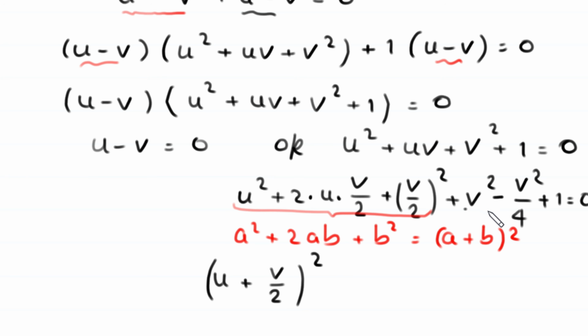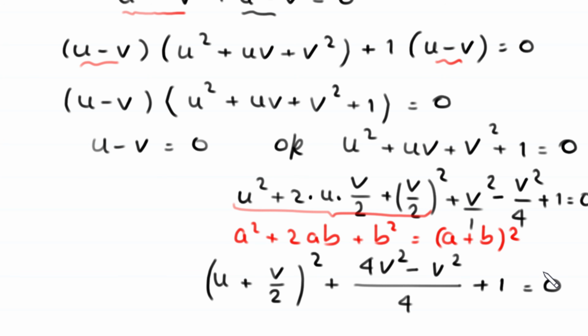We can write the denominator of this v squared as 1 and take the LCM of 1 and 4. LCM of 1 and 4 is 4, so 4 times v squared, 4v squared minus this v squared, plus 1 equal to 0.